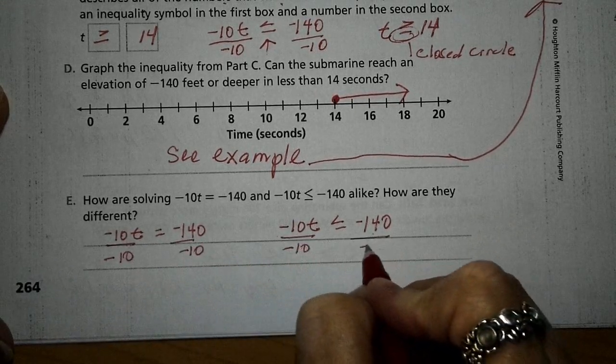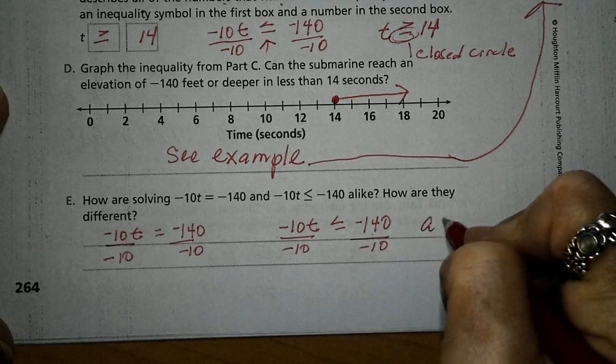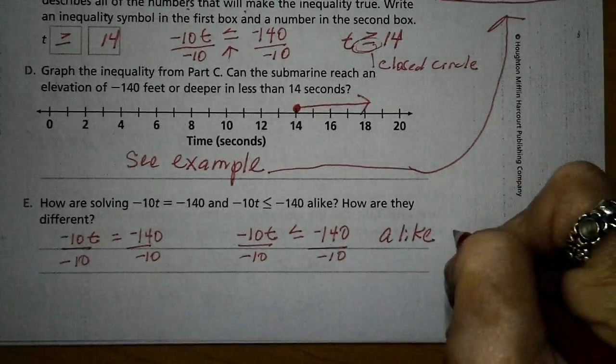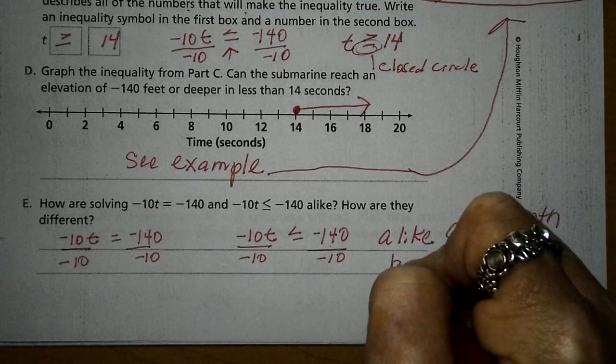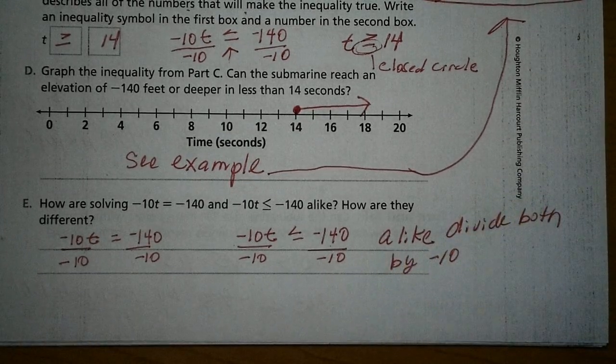The thing that is alike is you divide both by negative 10.